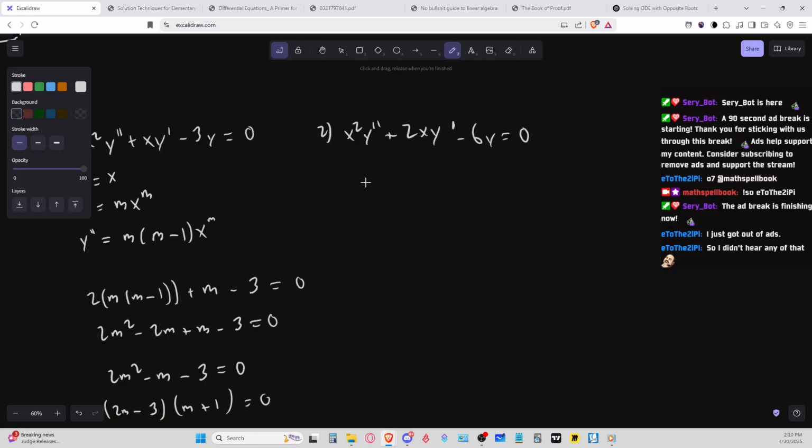So in this case, we're given m, then plus 2m minus 6, then minus 1 plus 2m.